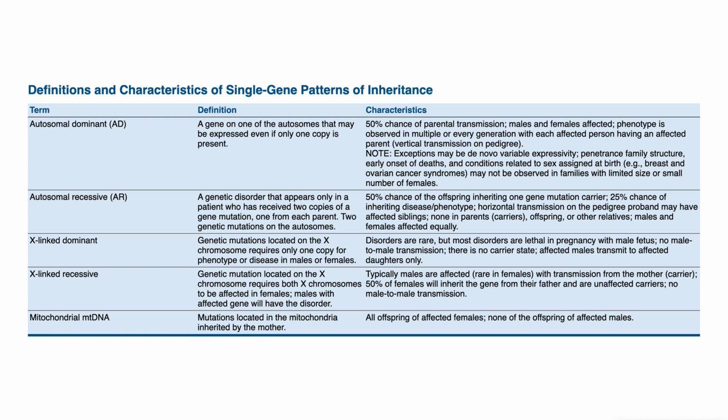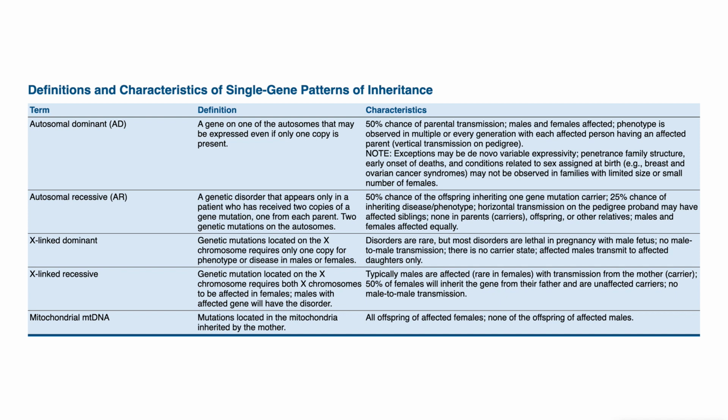In X-linked recessives, the genetic mutation located on the X chromosome requires both chromosomes to be affected in females. Males with the affected gene will have the disorder. So females who receive 1 X from the mother and 1 X from the father will be carriers, but they won't have the disease.